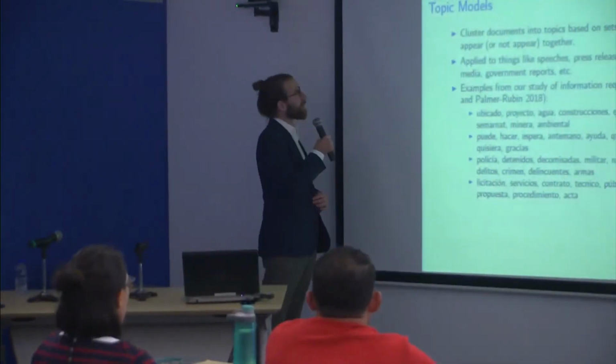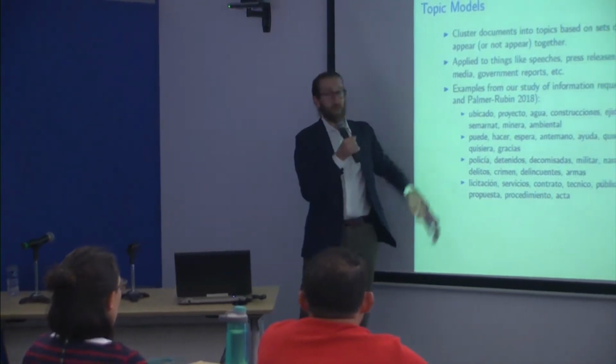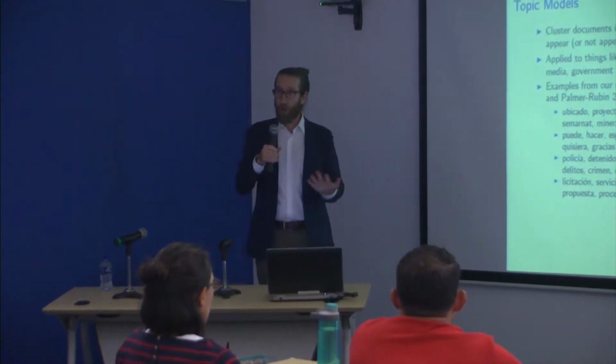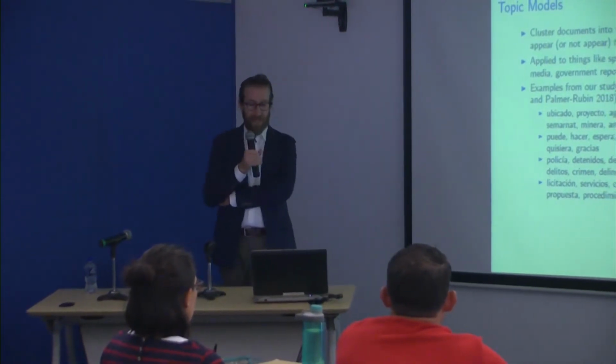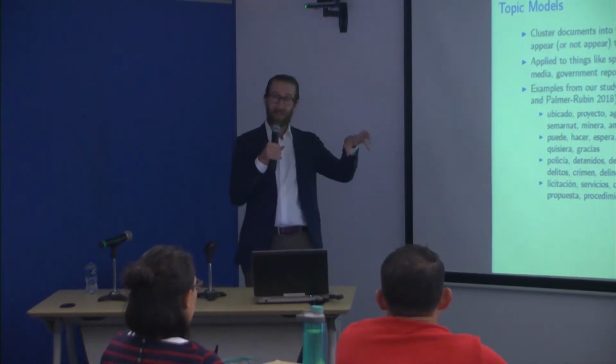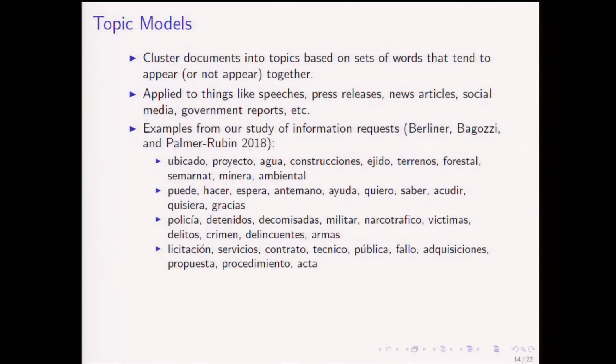What a topic model does is cluster documents into topics, like categories, based on sets of words that tend to appear together or not appear together. If a cluster of words usually goes together, this type of model calls that a topic. This can be applied to things like speeches, press releases, news articles, social media, government reports, etc.